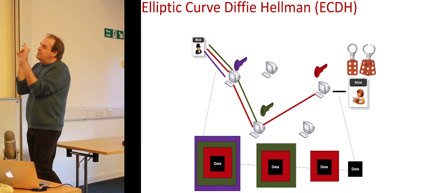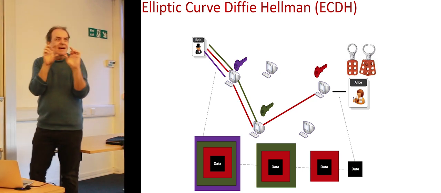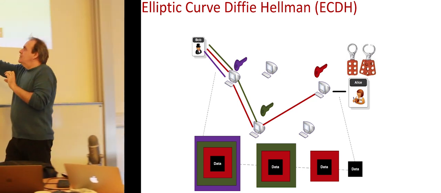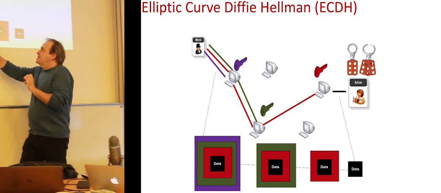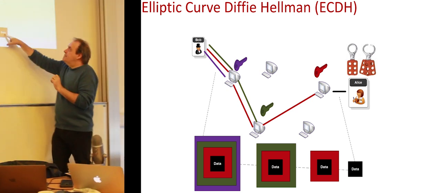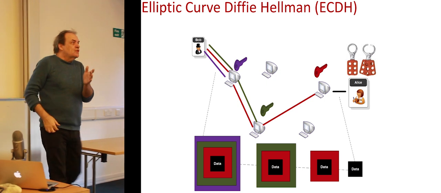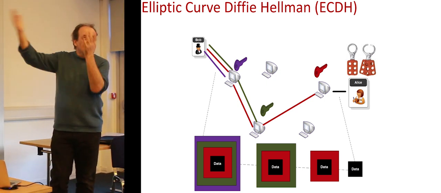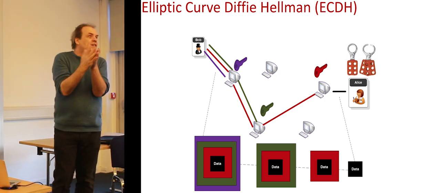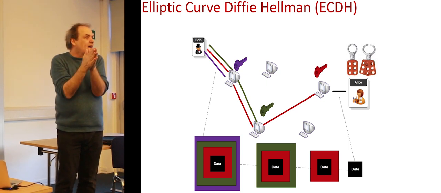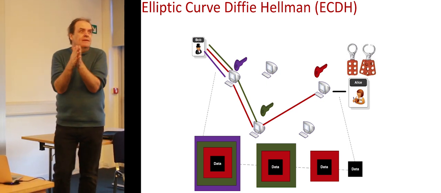Only they and Bob will know that key. As we go through the nodes, each node decrypts with its key, and we end up with the data. So on a Tor network, our data actually is revealed and decrypted at the end. How will we overcome that?